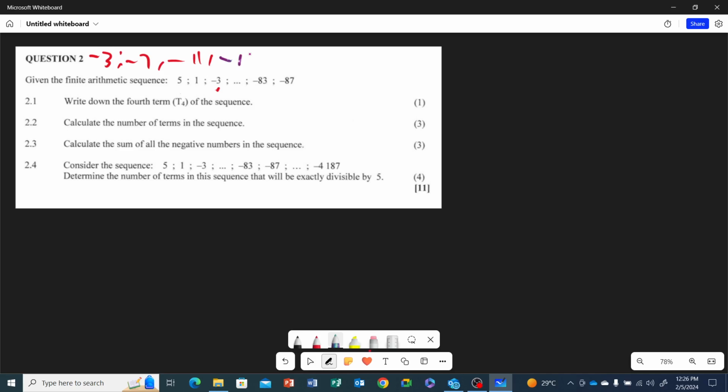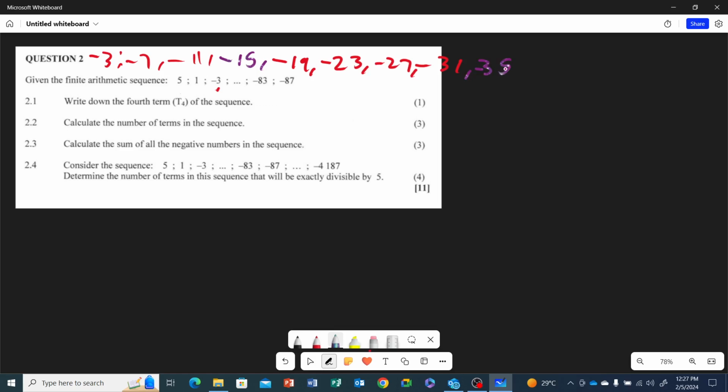Then you subtract 4. Then you will have minus 19, minus 23, minus 27, minus 31, and the next one is also divisible by 5, minus 35.